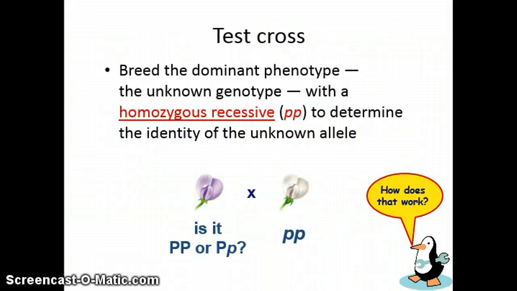The way we do that is with a test cross. A test cross is simply breeding the dominant phenotype, the unknown, which would be either our 2 capital P's or our heterozygous capital P, lowercase p, with a homozygous recessive individual.